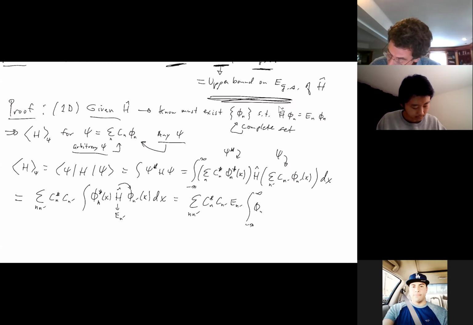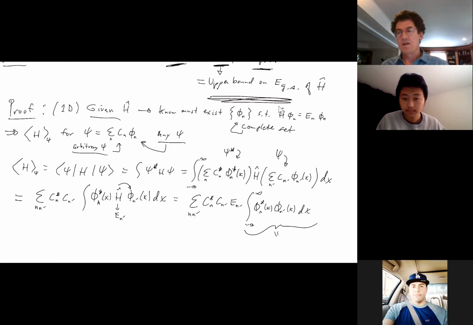It's phi n of x star, phi n prime of x dx. And what is this equal to? The Kronecker delta of n and n prime? Exactly, because the eigenstates of the Hamiltonian are orthonormal. That's exactly right. So it's the Kronecker delta.